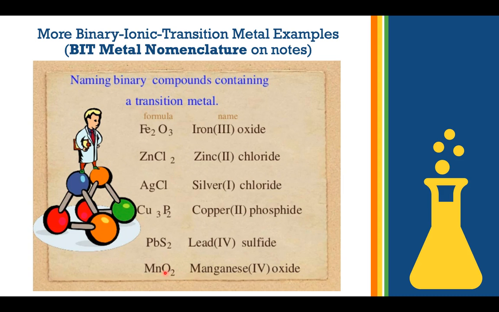Manganese 4 oxide. Well, remember that we learned that oxygen has a -2 charge, okay? So -2 times 2 is -4. Well, that necessarily means that manganese, I'm sorry, I read that wrong, manganese necessarily has to have a +4 charge to balance it out. These are all neutrally charged.